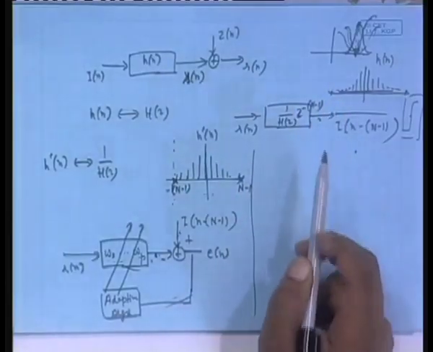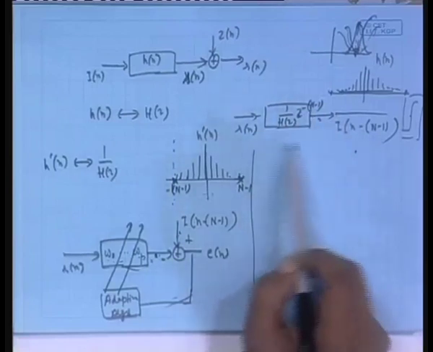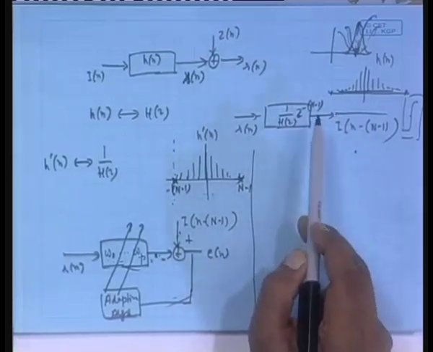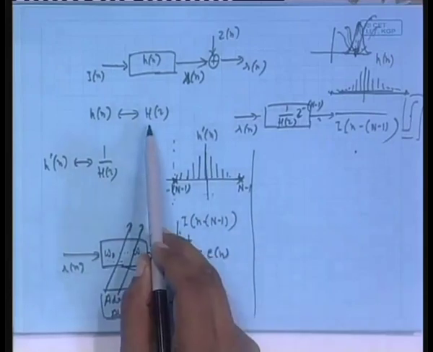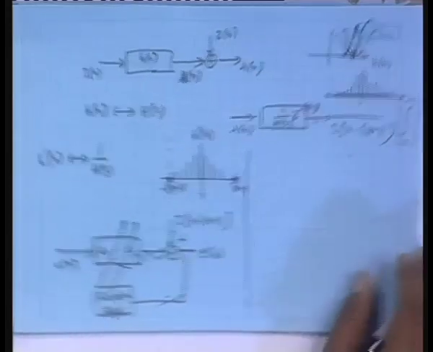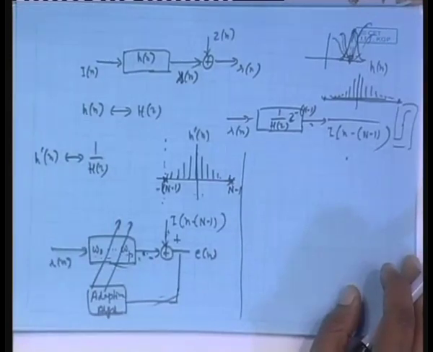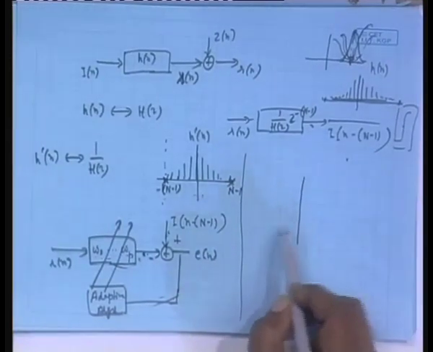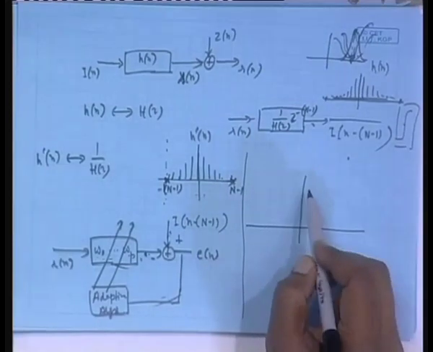Sometimes there is a problem, that sometimes what happens, this equalizer, they show, especially the H Z channel model, H Z shows that it has got something called spectral null. Spectral null means something like this.